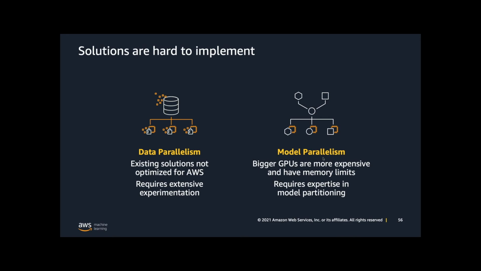And on the right side, you have model parallelism, where you split the model itself to avoid GPU memory limitations, right? But both of these come with their own set of challenges. For example, most existing data parallelism solutions are open source, meaning they are not optimized for any specific cloud provider's infrastructure and network.